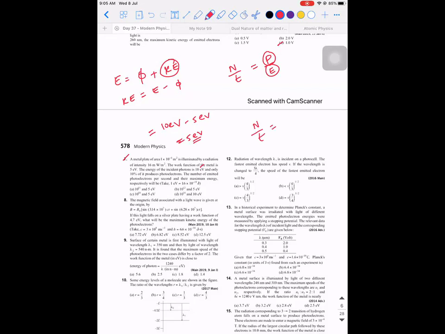Did you calculate the power? 16 into 10 power minus 7 watt, divided by the energy. The energy is what? 5 electron volt. So I'll get N by T as 10 power 12.